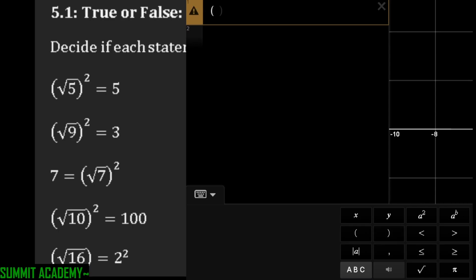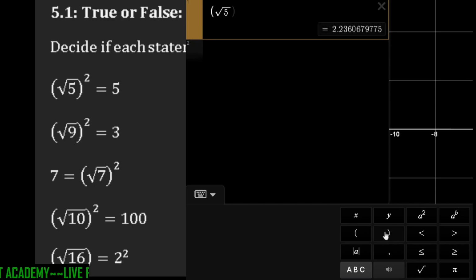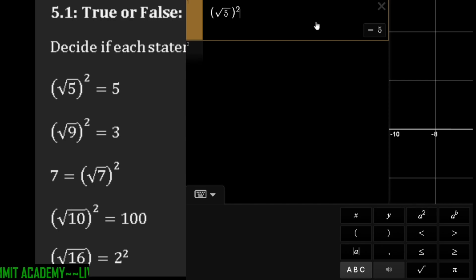I have parentheses, square root of 5, and then I use the arrow key and say exponent squared. So that first one is going to be true.